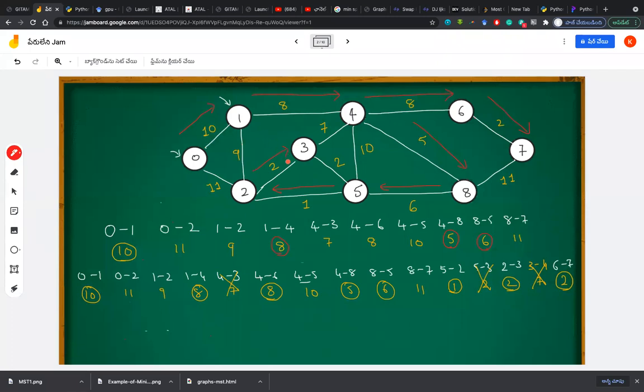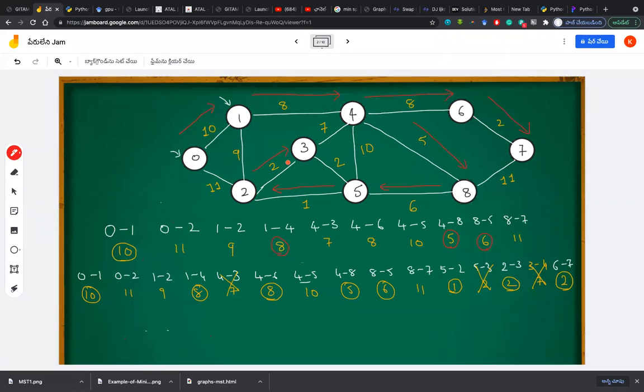So this is the first case, and the second case is that if you are forming a spanning tree, it should comply with the formula for how many edges there should be for this many nodes. I have given you some formulas. This is the second point. And the third point is, for forming a minimum spanning tree, not just a spanning tree, you should select the weight which is minimum among all those present.